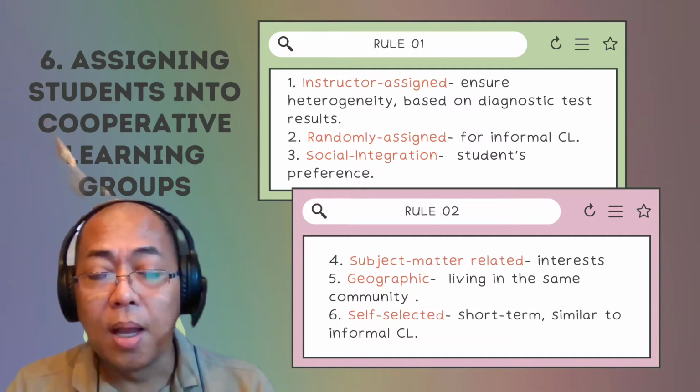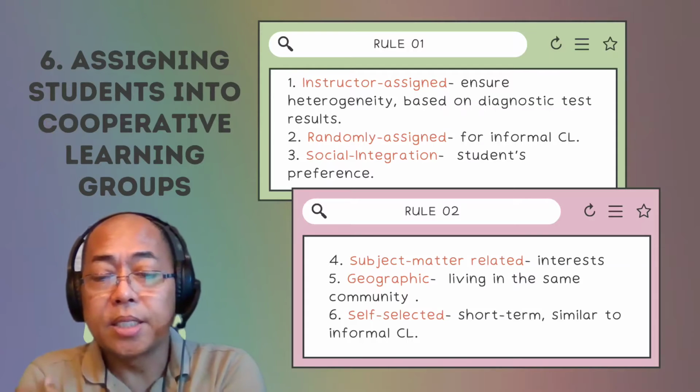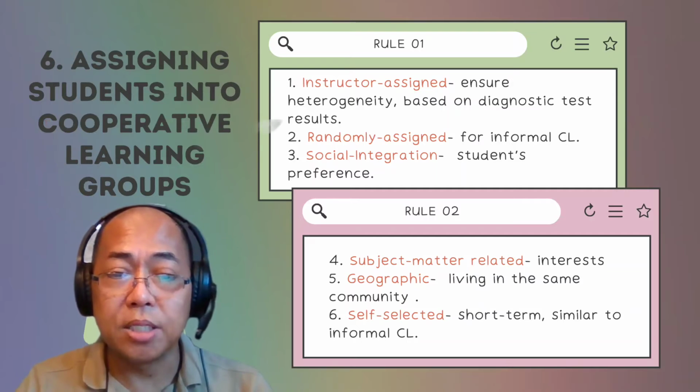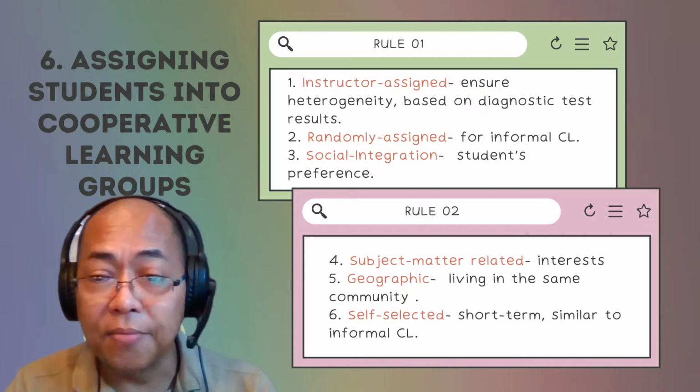And you group them according to their subject matter interest. That's number four.